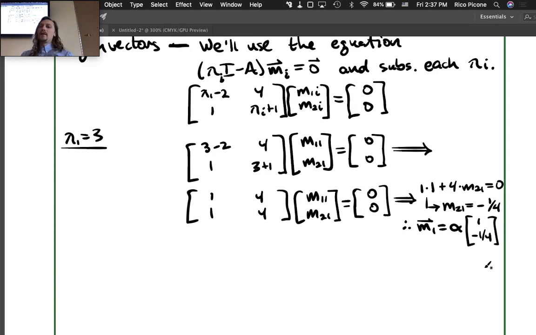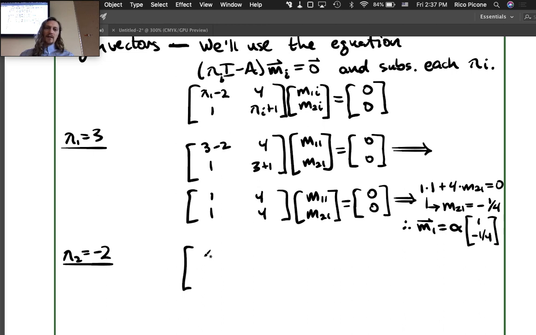Okay, so we found m1, and now let's plug in lambda 2 equals negative 2. We're going to plug into this formula again. So lambda 2 is negative 2.